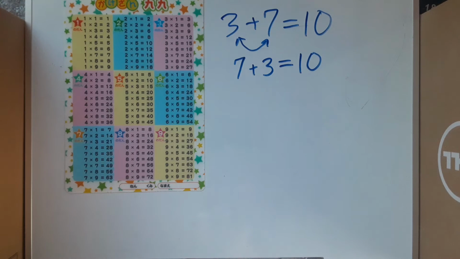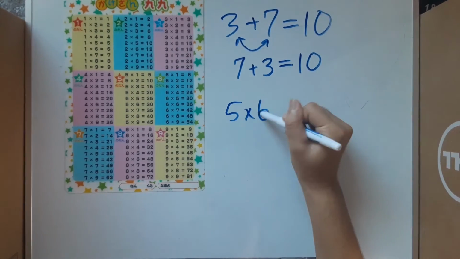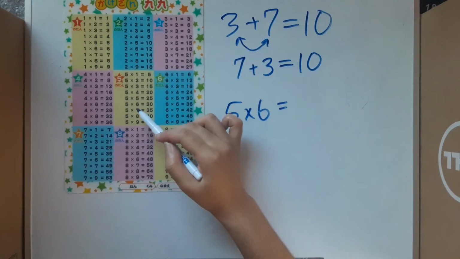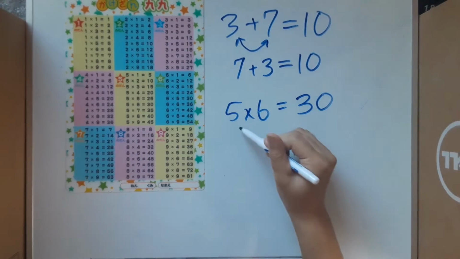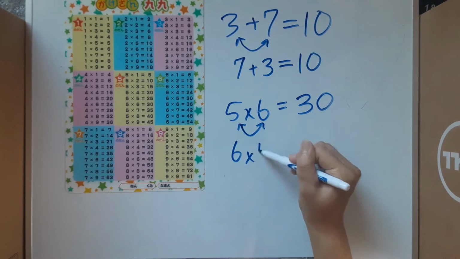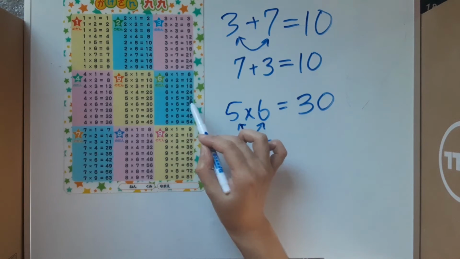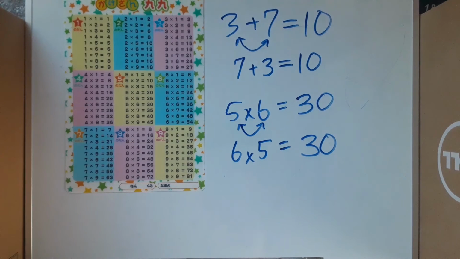So if we wanted to do, let's say, 5 times 6, we can see that 5 times 6 equals 30. If we switch these numbers and made it 6 times 5, we can see that 6 times 5 also equals 30. This is called the commutative property.